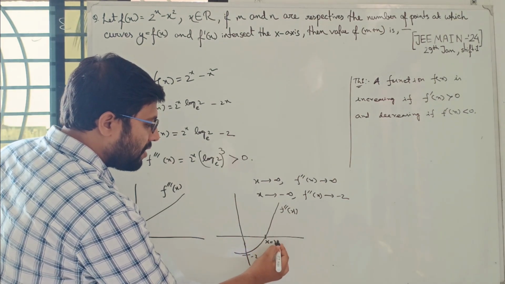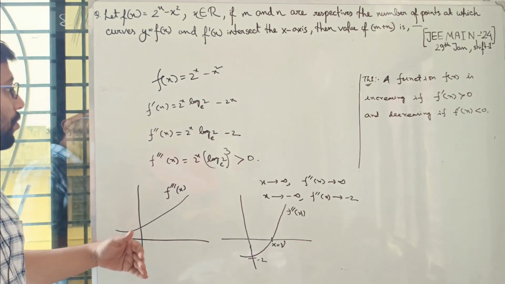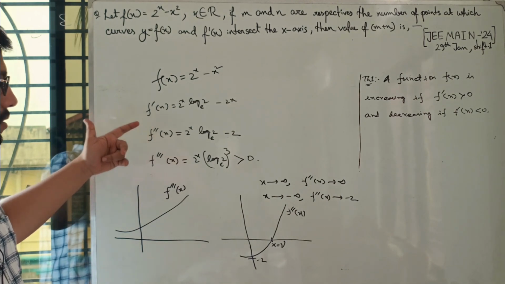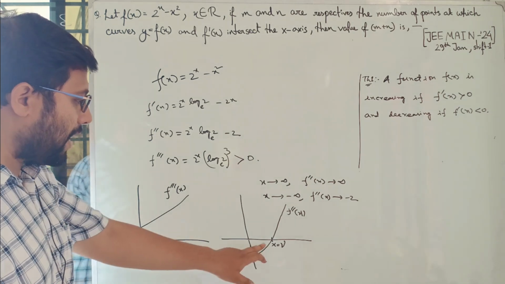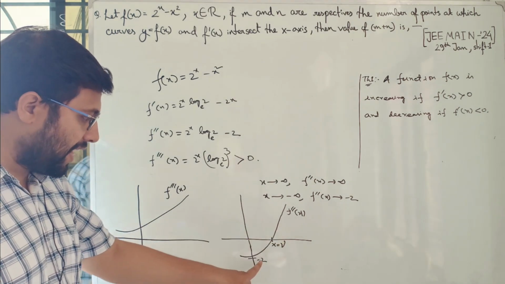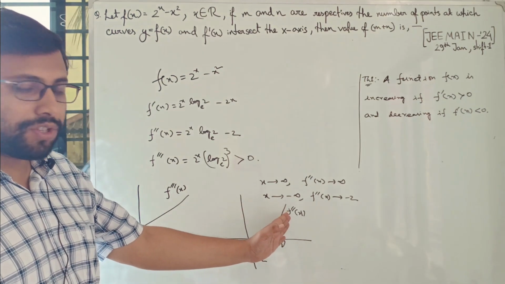Okay, now we will draw the graph of f'(x). From the graph of f''(x), we can see that before gamma f''(x) is negative, and after gamma f''(x) is positive.